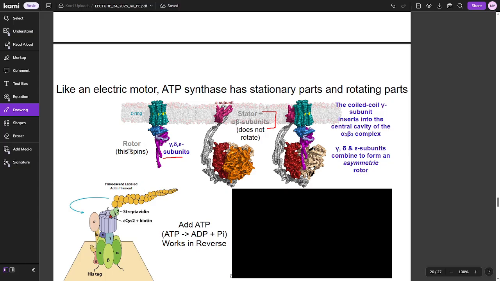I believe the C ring also spins as well. So that's something we have to keep in mind when we're going through the questions here. I don't think the rest is too important. It's there if you want, but the main idea is that you need to know that these spin, and these alpha betas do not spin.